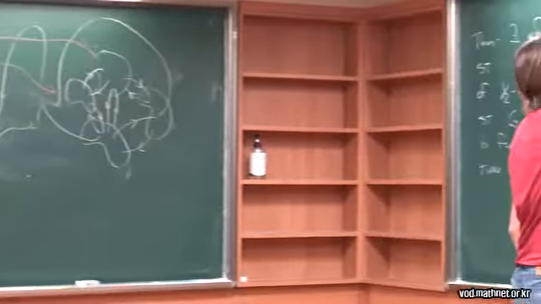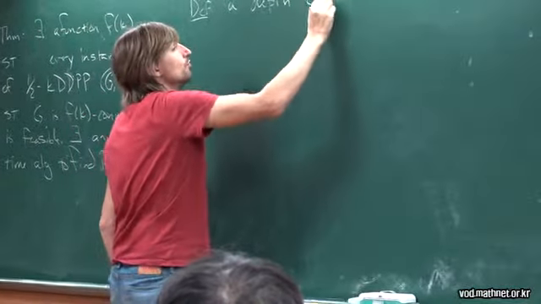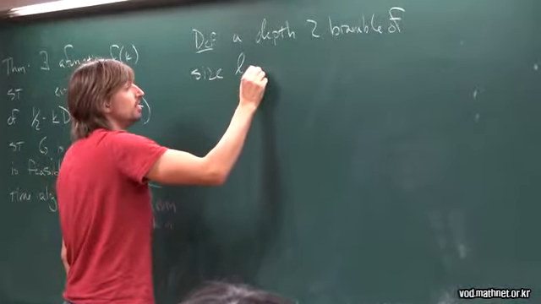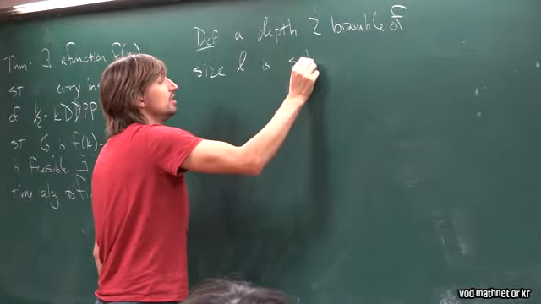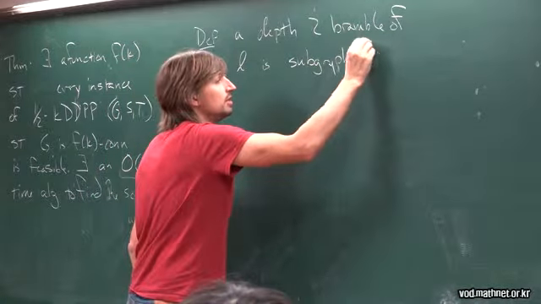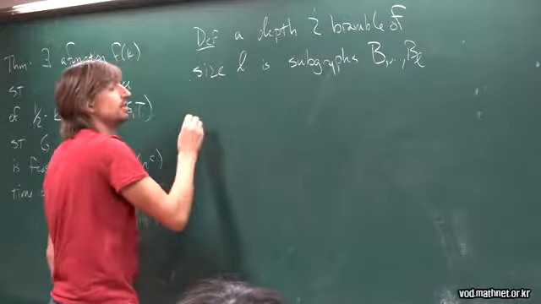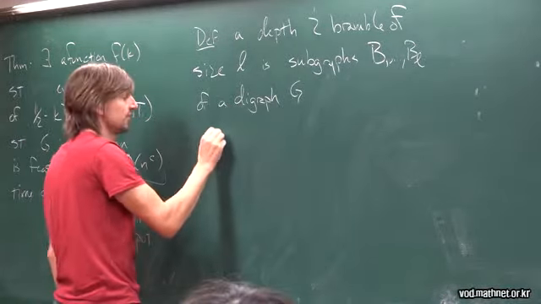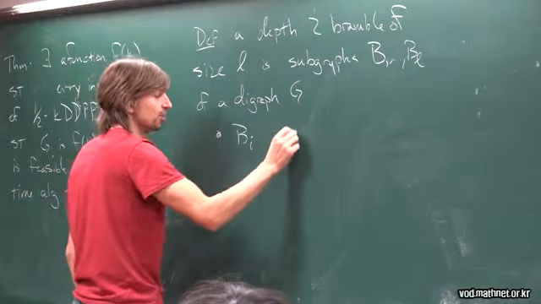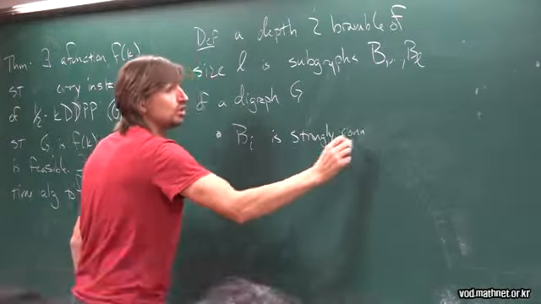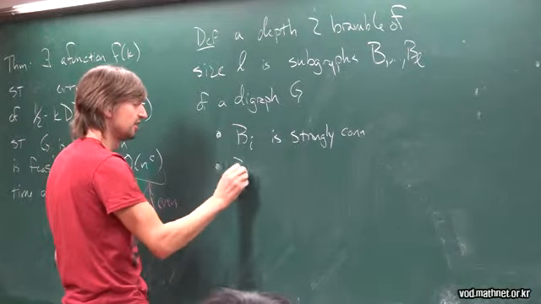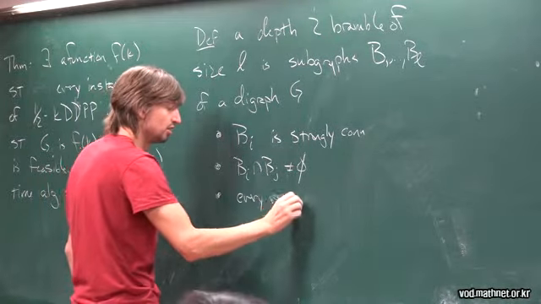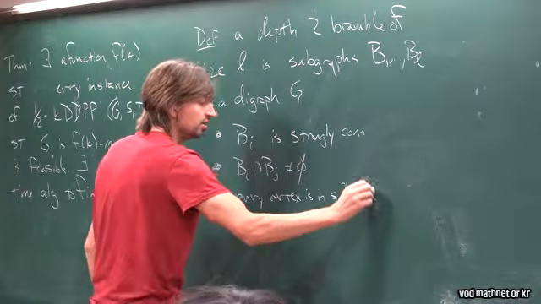So define a depth 2 bramble of size L is subgraphs B1 up to BL of a digraph G such that each Bi is strongly connected, they pairwise intersect, and every vertex is in at most 2 Bi's.